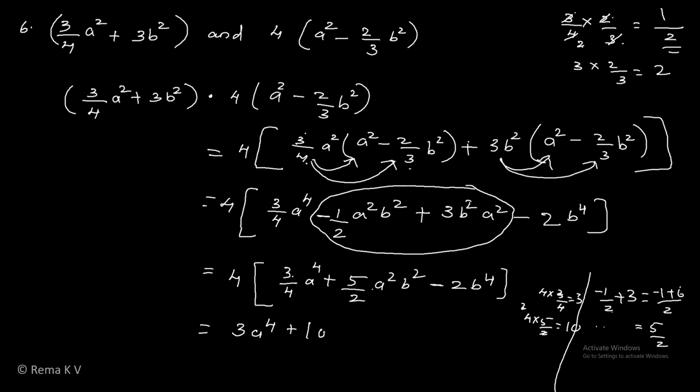So it is 10 a square b square. Then the next is 4 into 2, 8. So it is minus 8b raised to 4. Three a raised to 4 plus 10 a square b square minus 8b raised to 4.